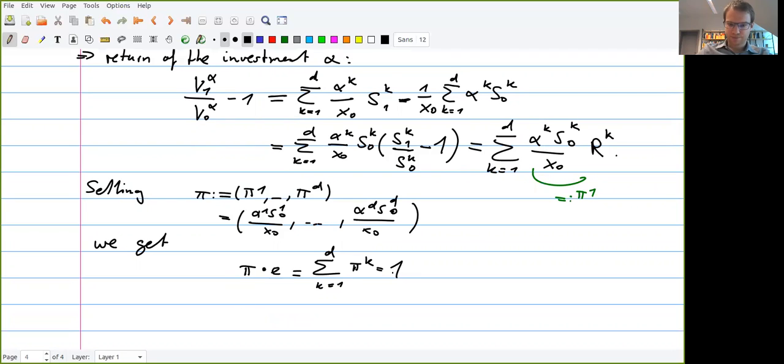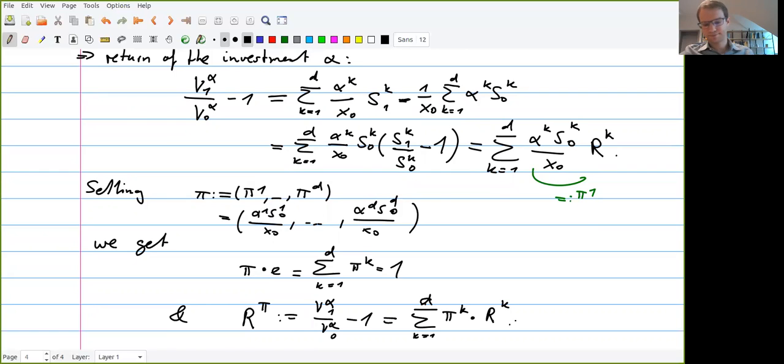And the return of our investment, when this is defined as above, is nothing else than the sum of pi k multiplied with the returns of the risky assets.